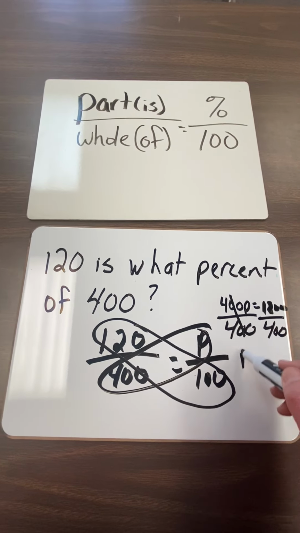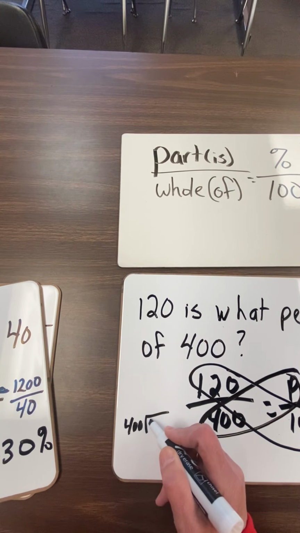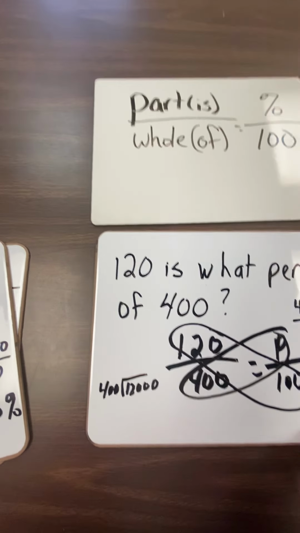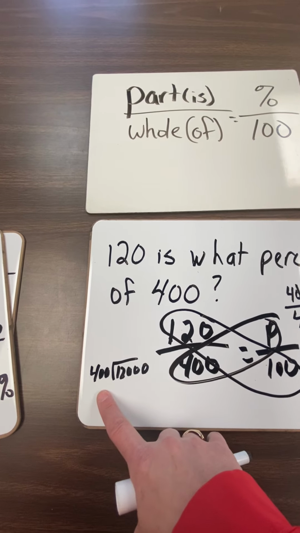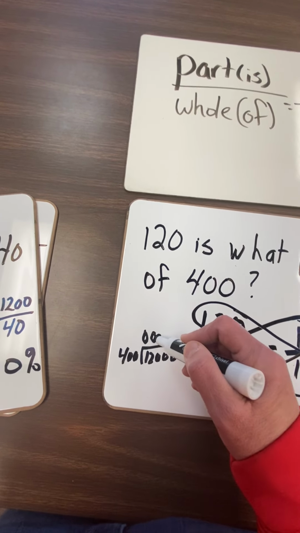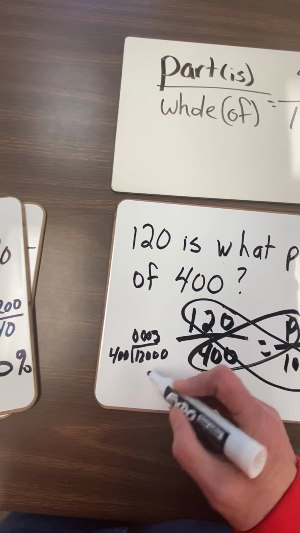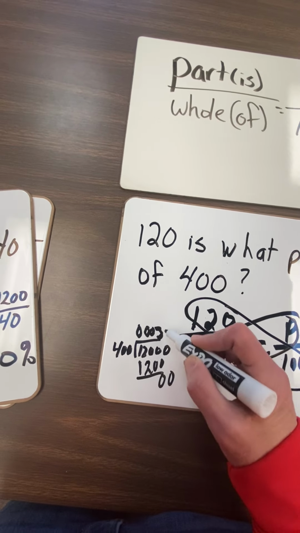So that leaves P equals, well, 400 into 12,000. 4 can't go into 1, it can't go into 12, it can't go into 120, it goes into 1,200 3 times, which is 1,200.